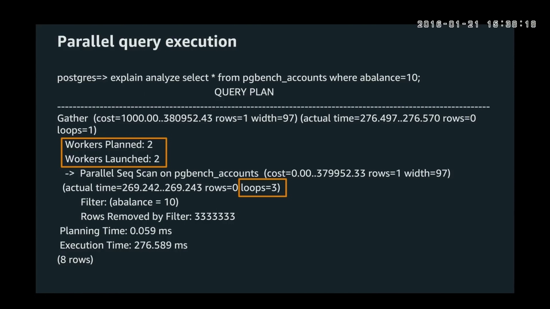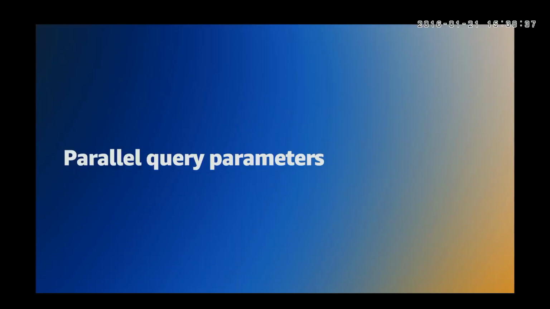So it is the number of workers that it used, as well as the gather process. That's why it says loops equal to 3. So for that particular node in the execution, you can see that it used 2 workers to scan the table pgbench accounts in parallel, and then it brings back the results to your query, speeding up the results.